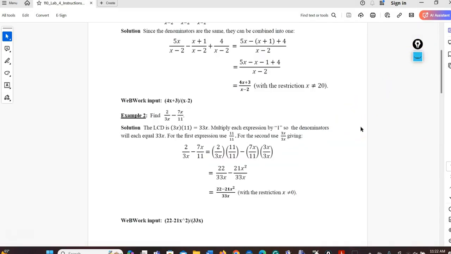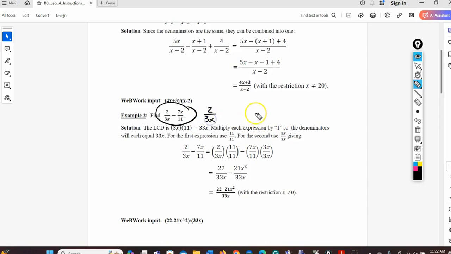Okay, so on example 2, now we have that they don't have the same denominator. So I'm going to have to do that trick. I'm going to have to multiply this by the number 1, which I'm going to write as 11 over 11 here, and I'm going to write 3x over 3x here, because I want them to have the same denominator.